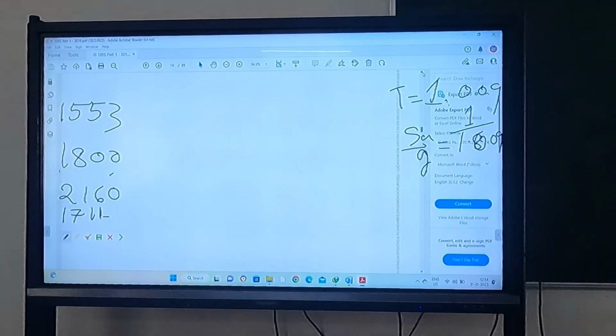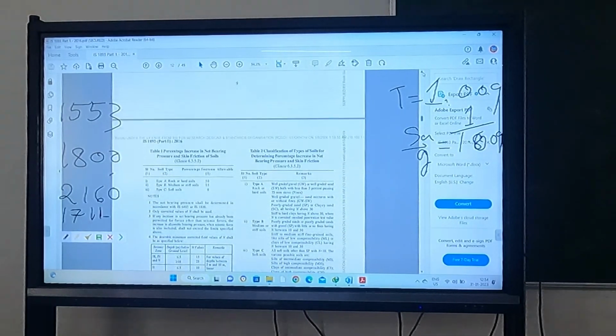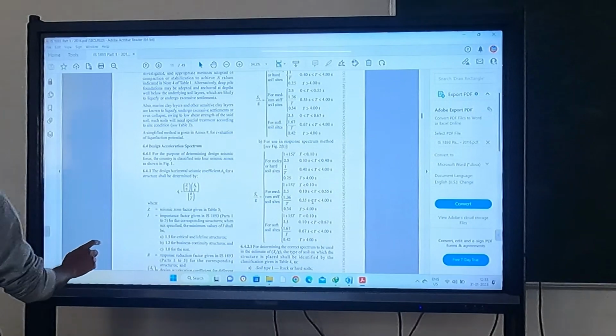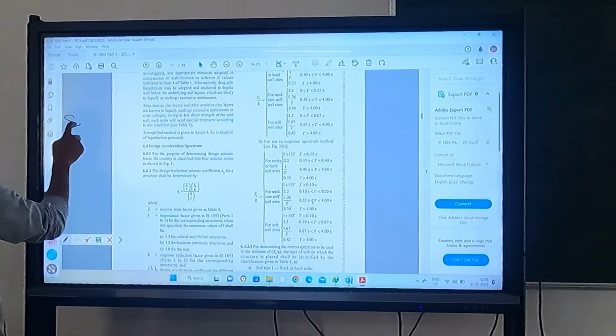You can see, for using the response spectrum method, Sa by g for medium soil, for period between 0.1 to 0.55 and 0.55 to 4. So we have to go for 1.36 by T.